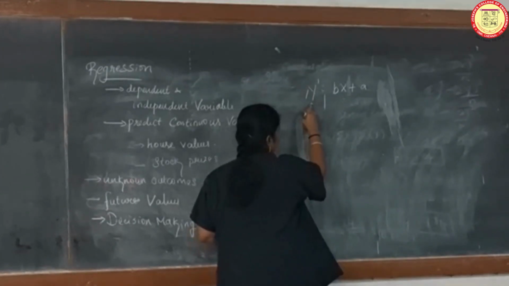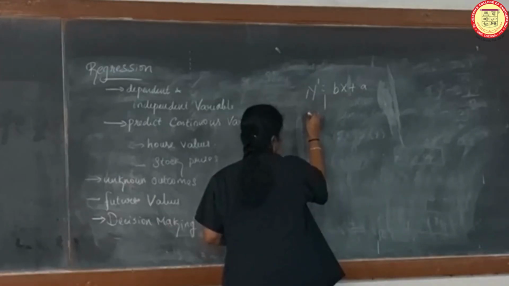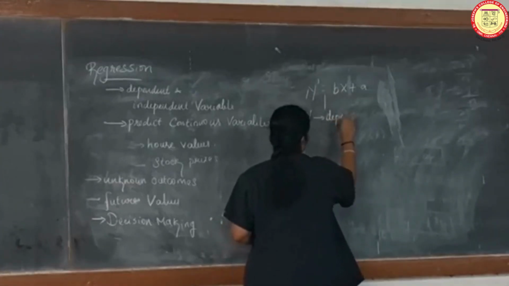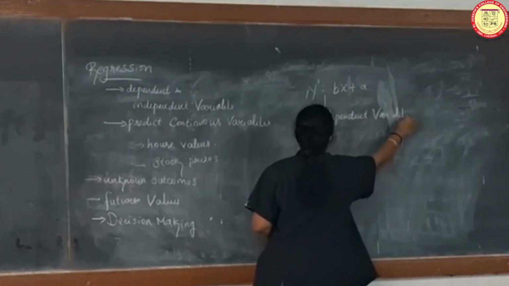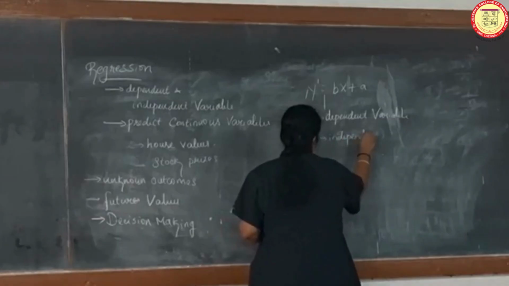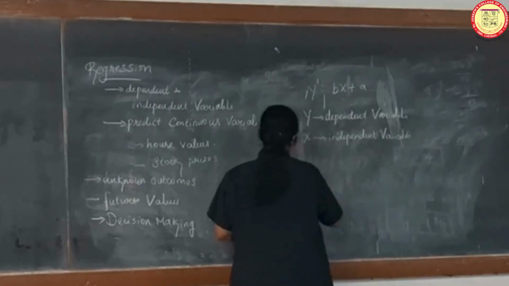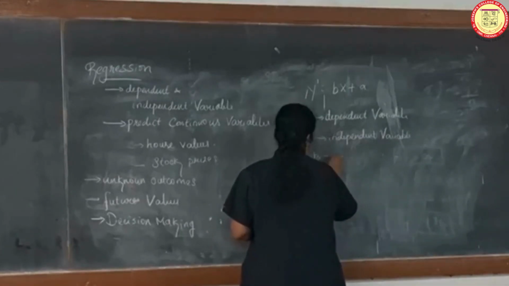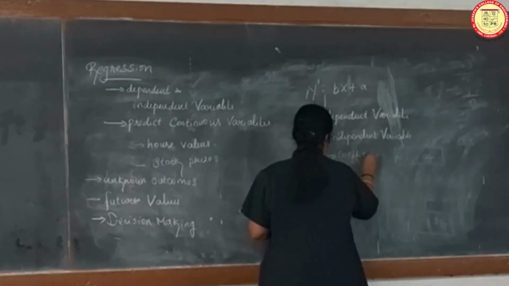Sorry, y is the dependent variable and x is the independent variable. a and b are called coefficients or constants.